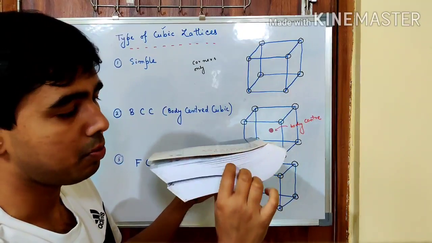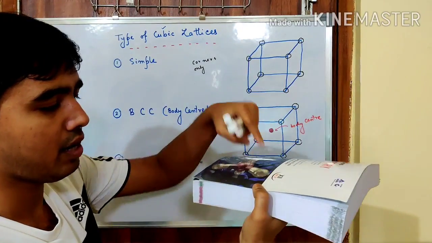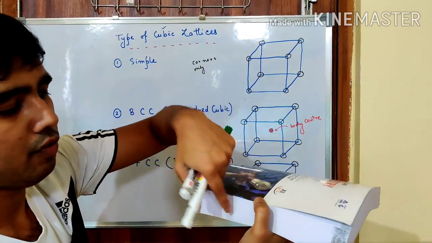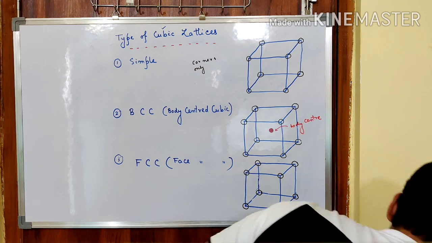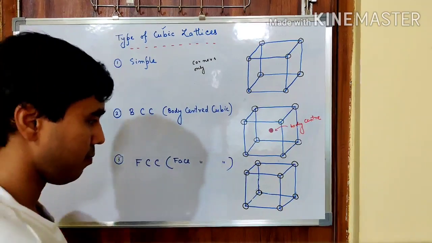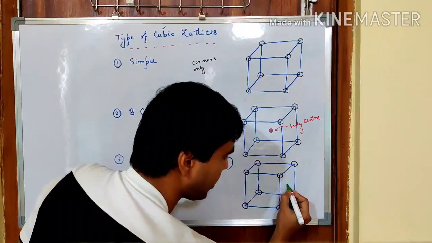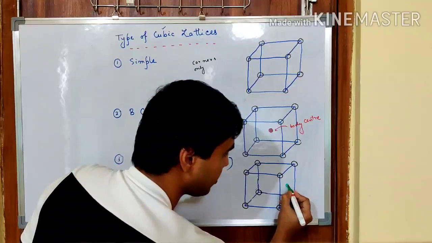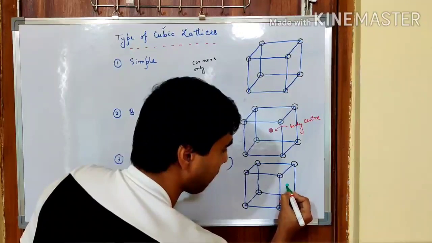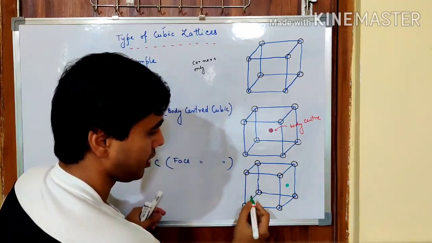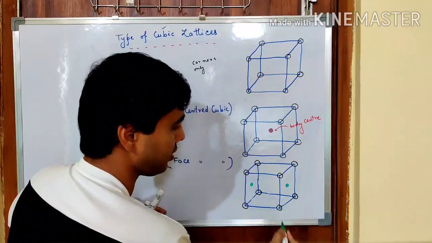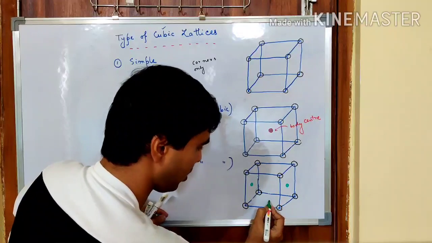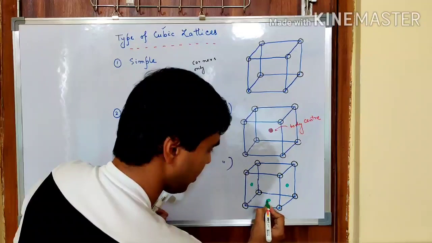So if it was a cube, then it would have been a center. Let's see, 1, 2, 3, 4, 5 and 6. So there are in total 6 faces. So in this center there will be one atom. Just on the opposite side, in the face center, there will be another atom. Then the below one, there is one atom here.